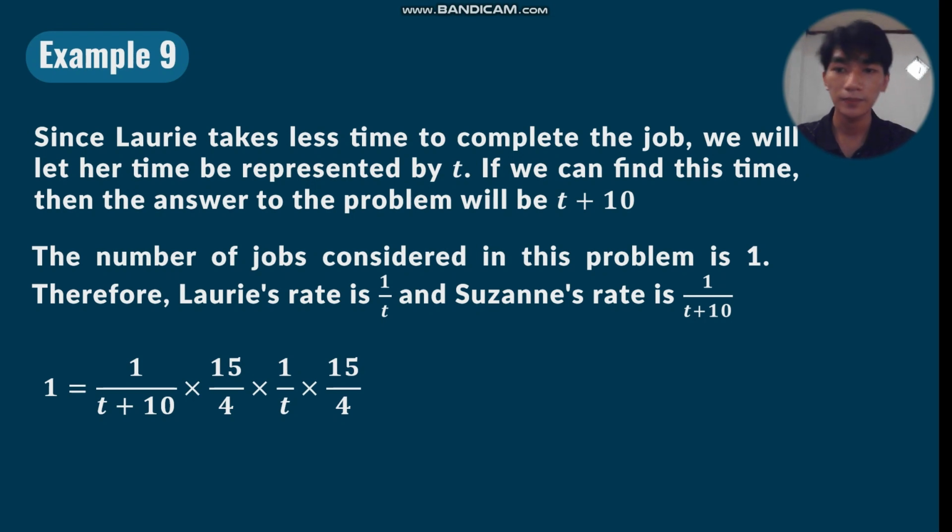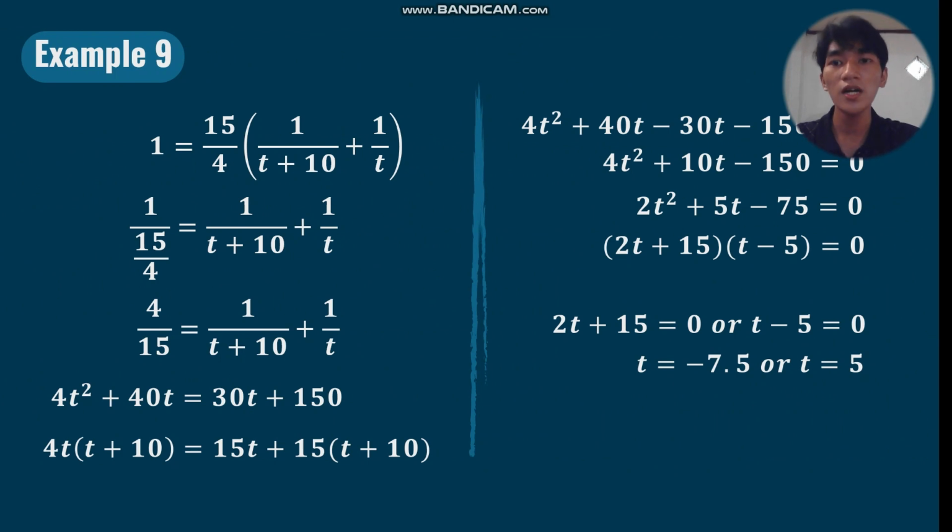So the solution: 1 equals 15 over 4 times the open bracket 1 over t plus 10 plus 1 over t closed bracket. So 1 divided by 15 over 4 equals 1 over t plus 10 plus 1 over t. So 4 over 15 equals 1 over t plus 10 plus 1 over t.